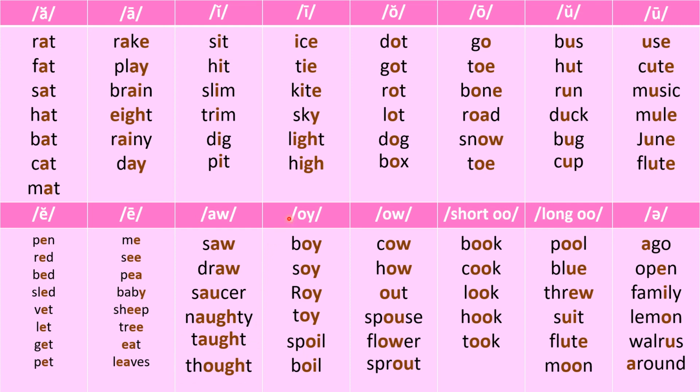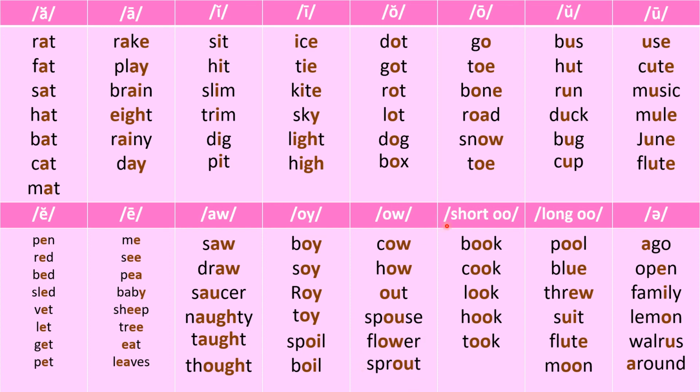Oi as in boy, soy, Roy, toy, spoil, and boil. Ow as in cow, how, out, spouse, flower, sprout.